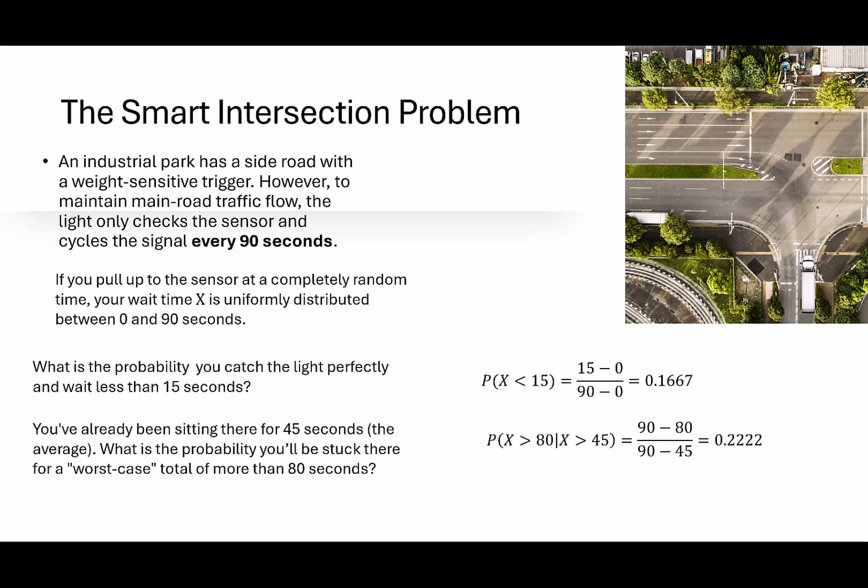To find this probability, we subtract 90 minus 80, how much time could possibly be left, then we divide by 90 minus 45 because there's 45 seconds more that can occur. When we simplify this to 10 over 45, it gives us 0.2222.